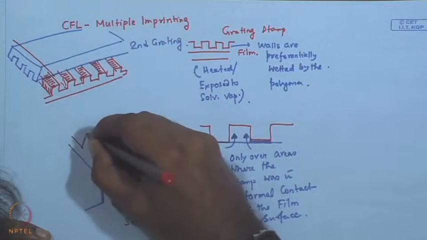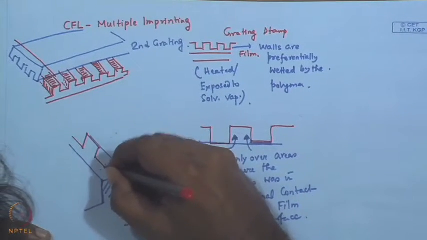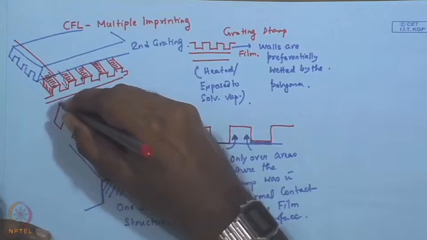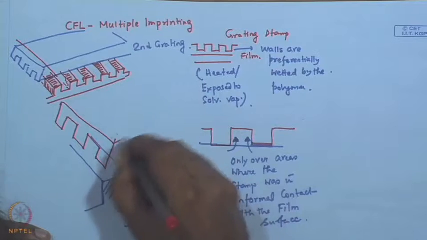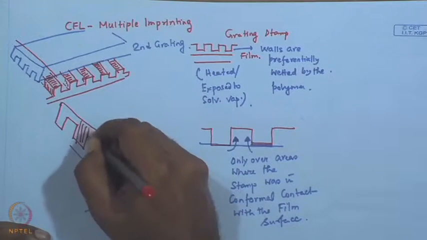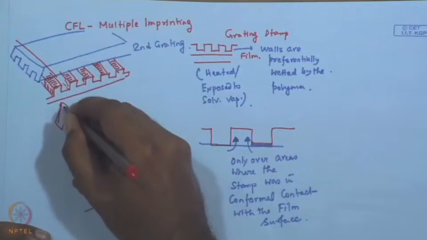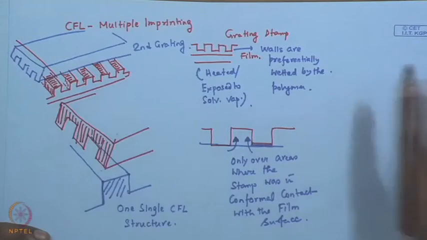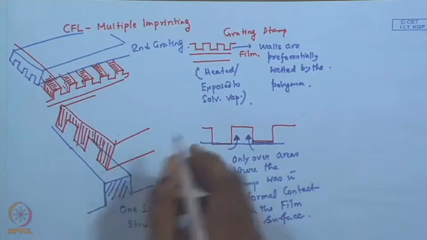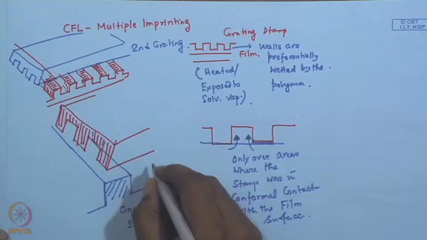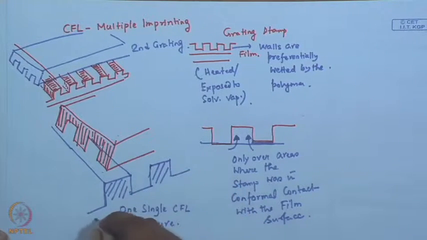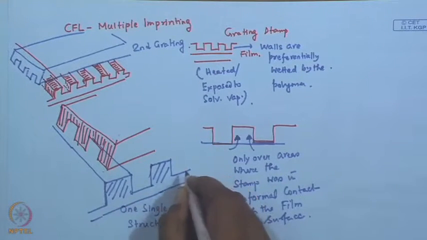So, here is the second grating, that is placed. What you can immediately understand is that this is the structured polymer film now.